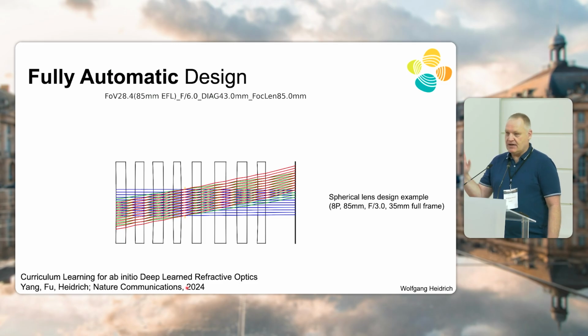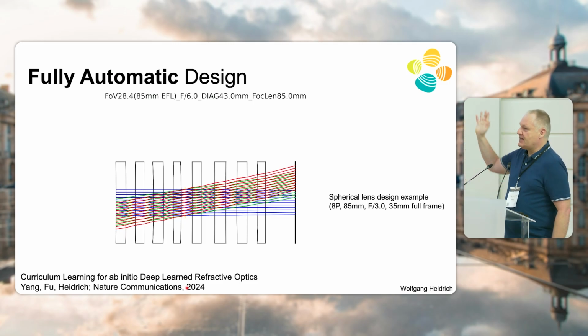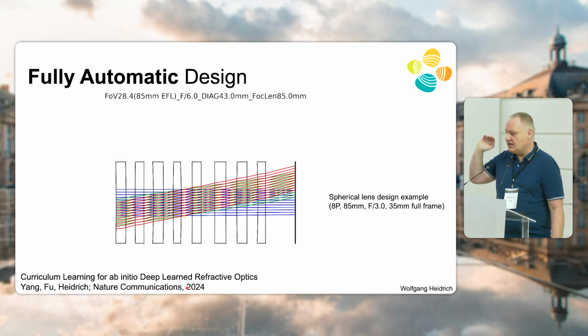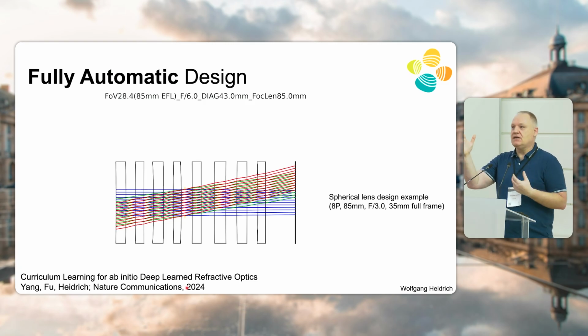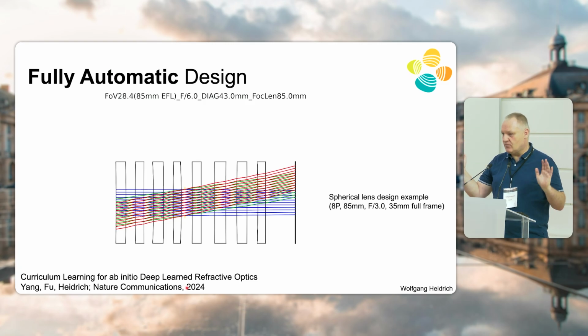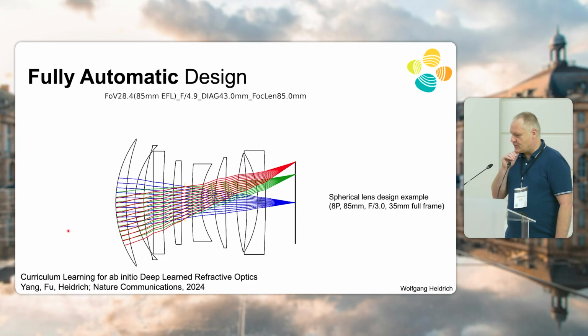So here is a design space for, let's say, an SLR camera. Something maybe a lens this size. We have a design space that's only spherical surfaces, so no aspherics in this example, and we initialize the optical system by just putting flat pieces of glass in, adding a little bit of randomness to the curvatures, really small random curvatures, just to break symmetries.